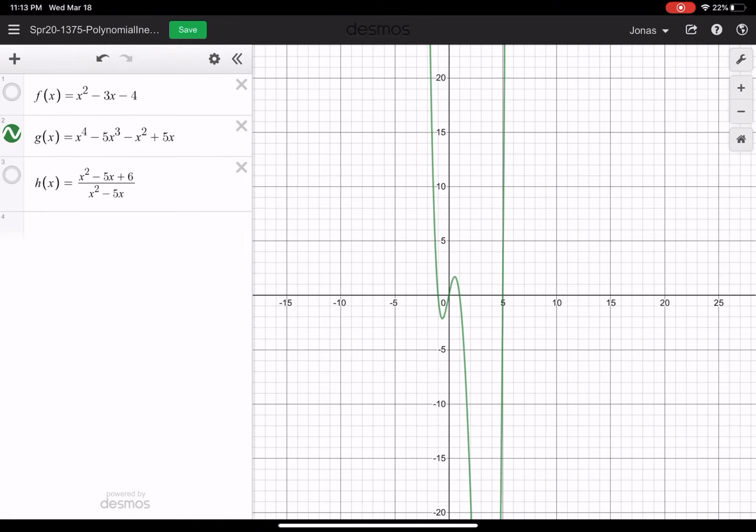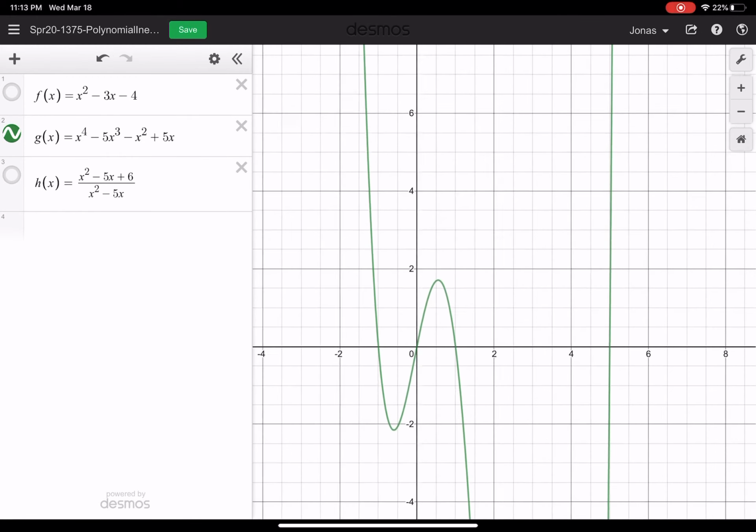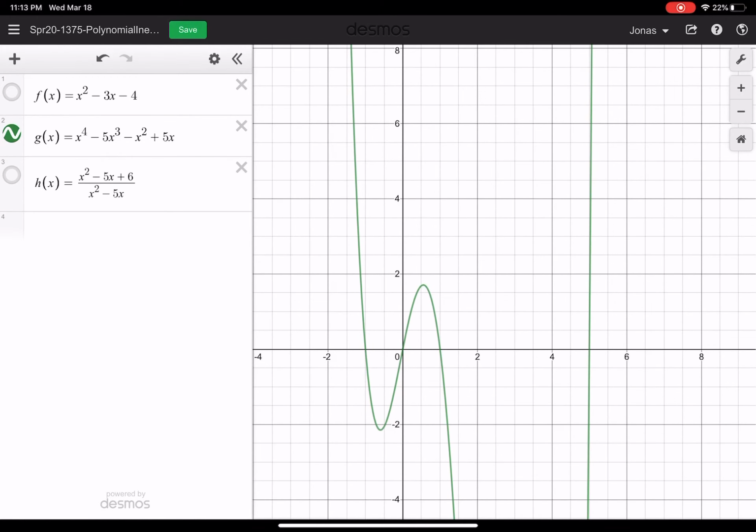So if we zoom into it, you can see that indeed it does cross the x-axis at x equal -1, at x equals 0, at x equal 1, and at x equal 5. And in between those places, it's above and below the x-axis in just the ways that we determined. So that's a good confirmation. Great.